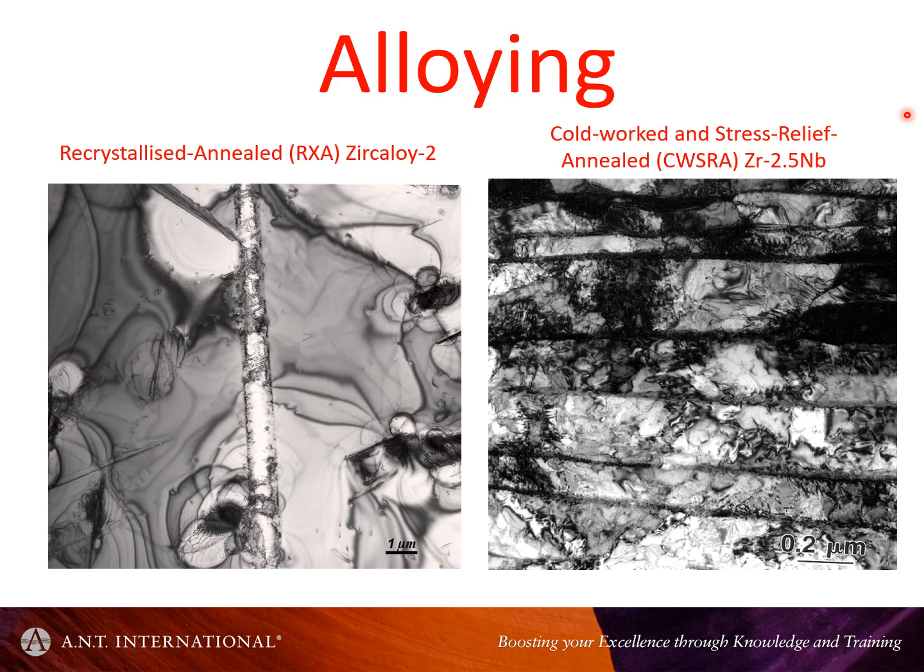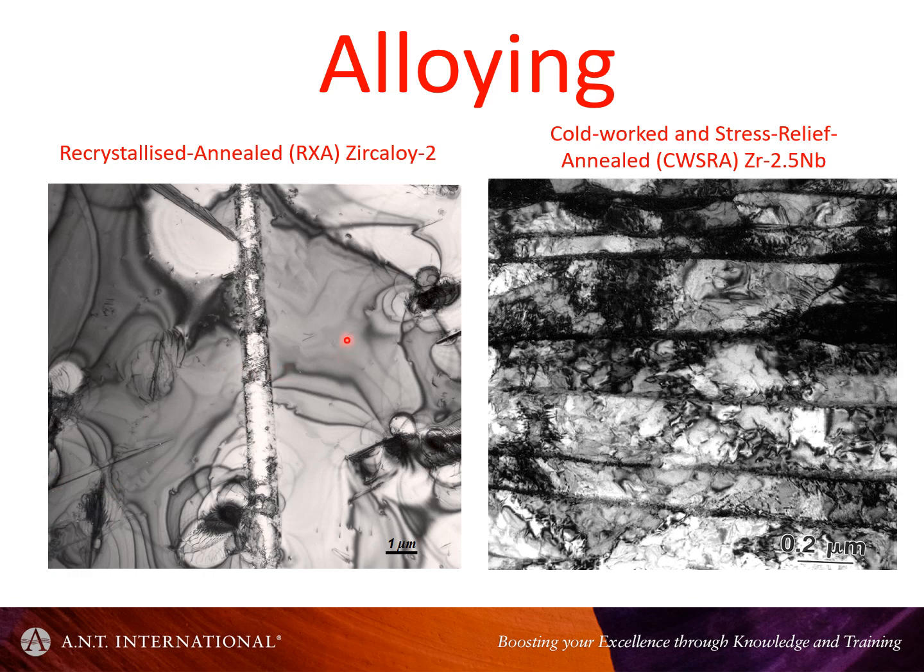Even though you want to keep the alloying additions quite small, when using zirconium alloys, one basically adds only small amounts of other elements to strengthen or improve the corrosion resistance of the zirconium. Depending on the thermomechanical processing and the alloying addition itself, one gets very different microstructures.